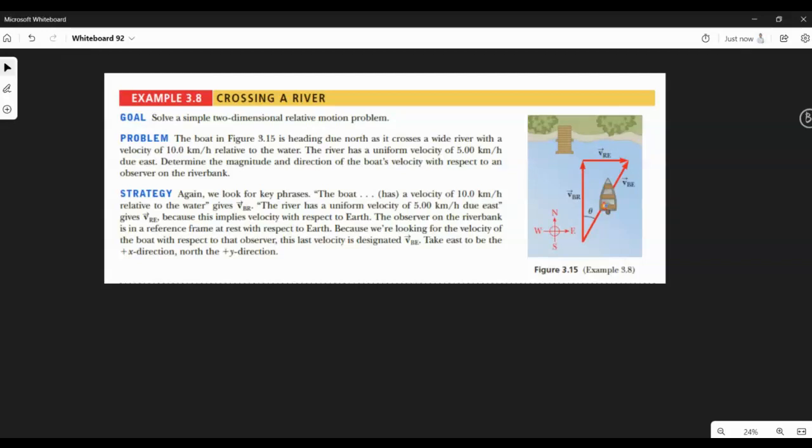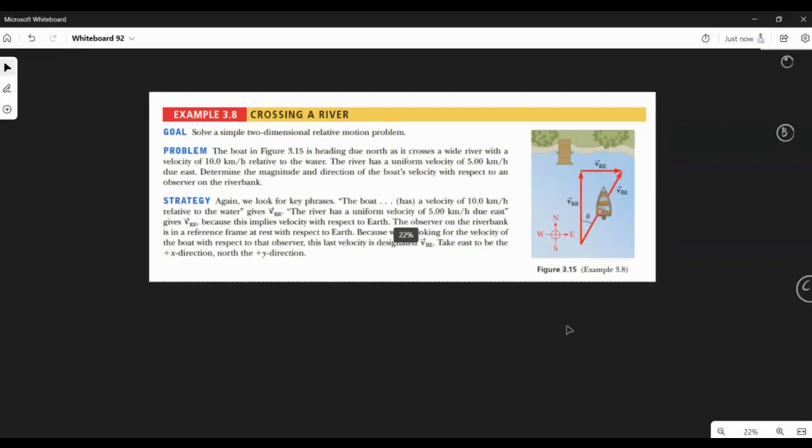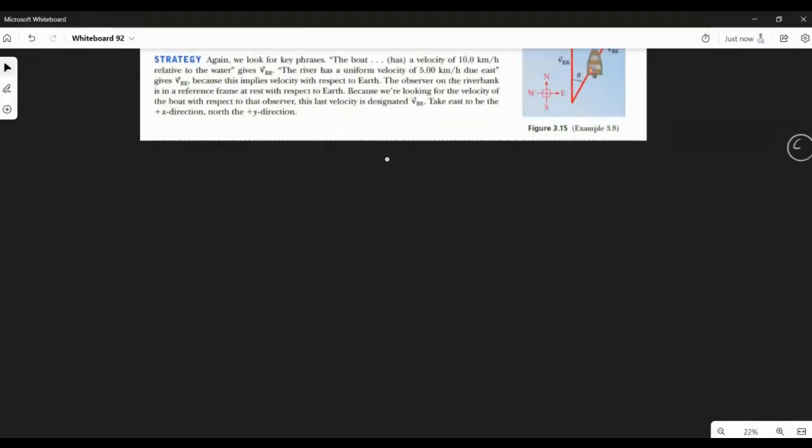All right. Quite simple. All we have to do is remember the relative velocity.